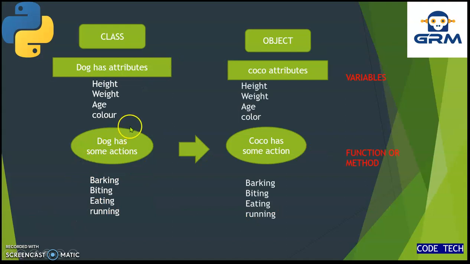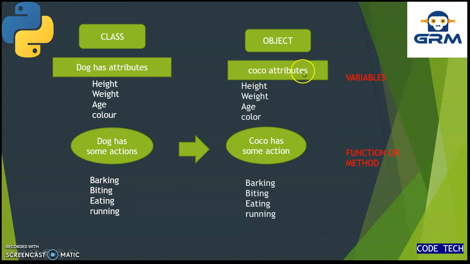This is a simple example to describe what is a class and what is an object. See here, dog is a class and it has some attributes, that is height, weight, age and color. And dog has some actions also, that is barking, biting, eating and running. All these attributes are known as variables, and all these actions are known as functions.